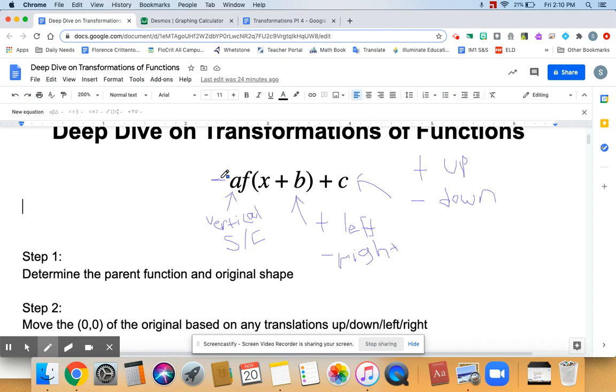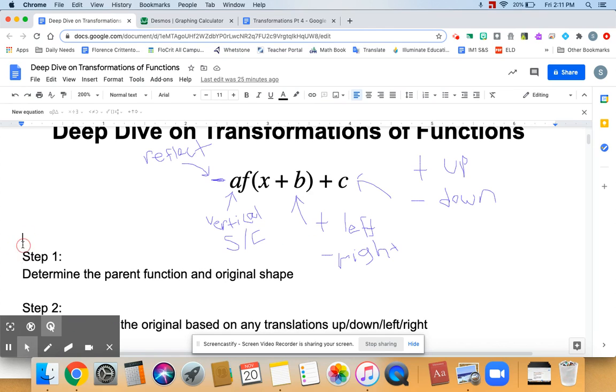And if there were a negative in front, what would that tell you to do? If the a is negative, it means to reflect. You're reflecting it over the vertex, but I'm not going to write that all out. I'm just going to say reflect. So those are all the different transformations inside of the equation.